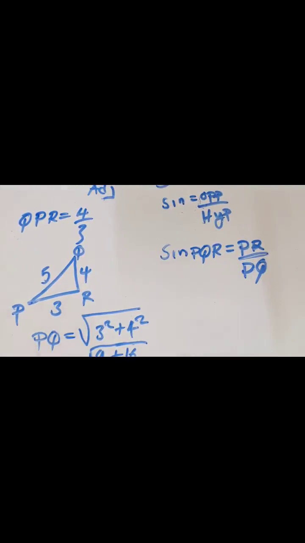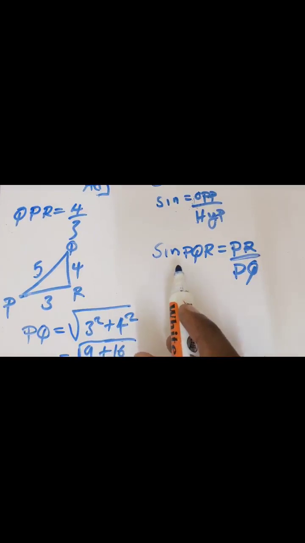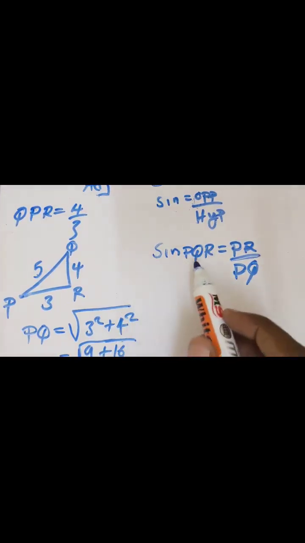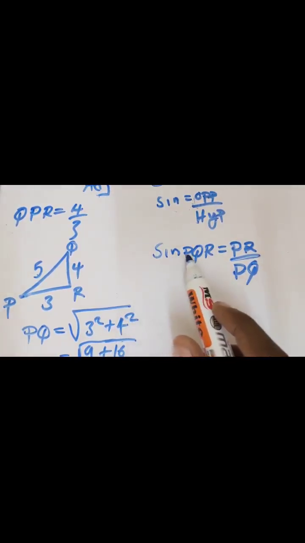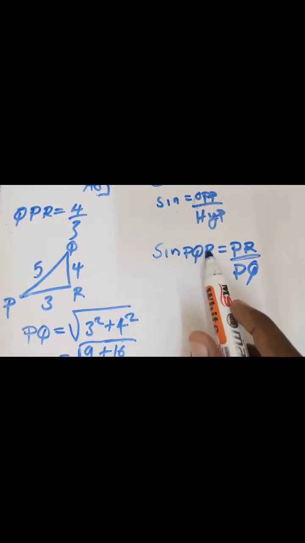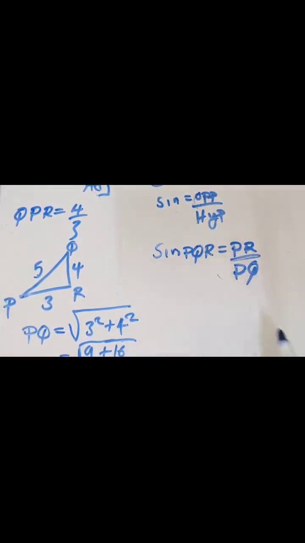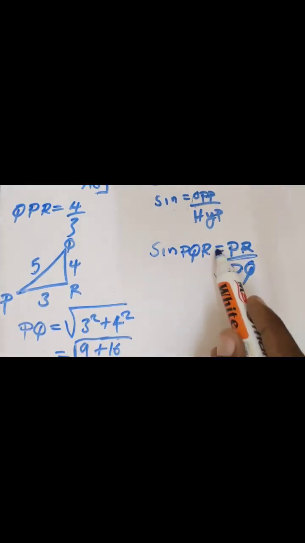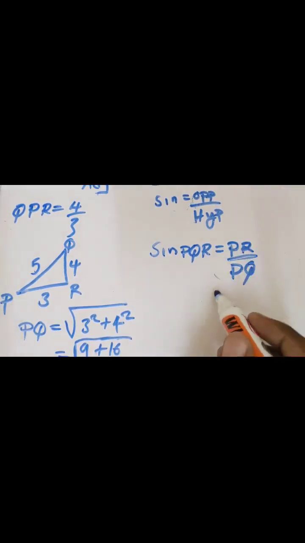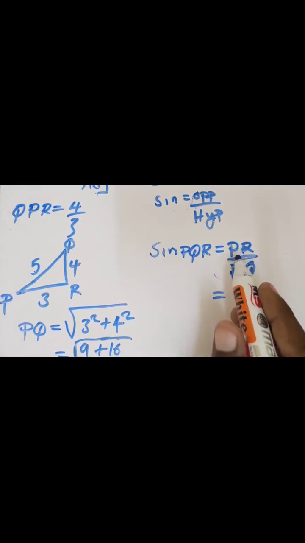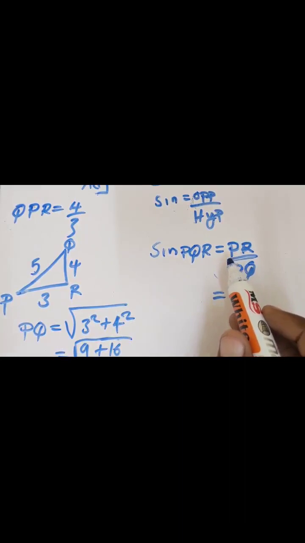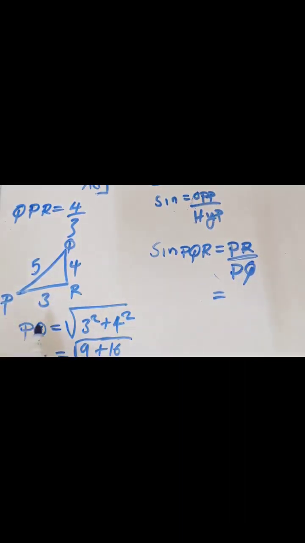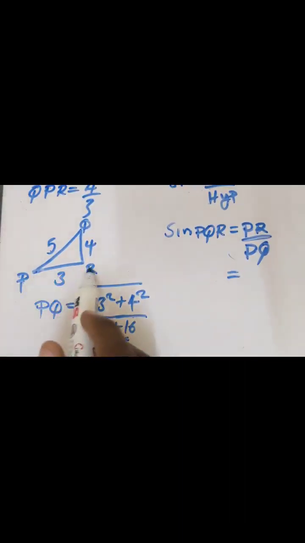So now that you have the hypotenuse, what is this formula talking about? They are saying that you should find sine PQR. This is the formula that we had derived here. Sine PQR is equal to PR over PQ. Did we find PR? In this triangle we have PR, which is 3.